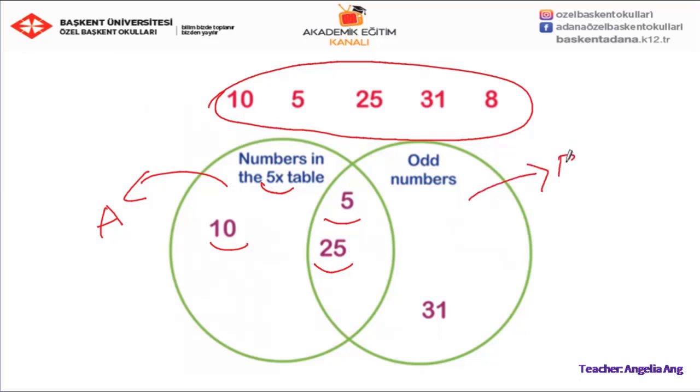Diagram B contains odd numbers. 5, 25, and 31 are odd numbers.